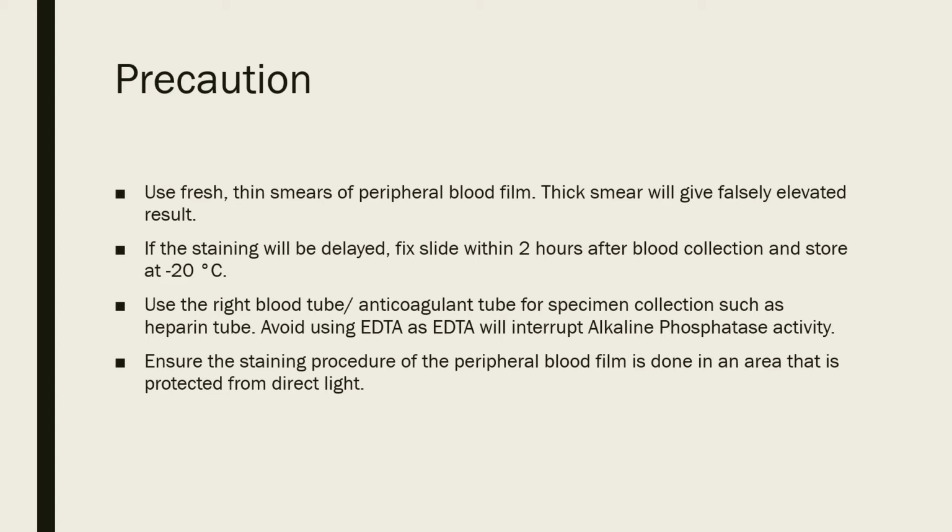We must also remember to use the right anticoagulant tube for specimen collection, such as a heparin tube. Avoid using EDTA because, as explained earlier, EDTA will interrupt alkaline phosphatase activity. Besides, we must also ensure that the staining procedure of the peripheral blood film is done in an area that is protected from direct light.